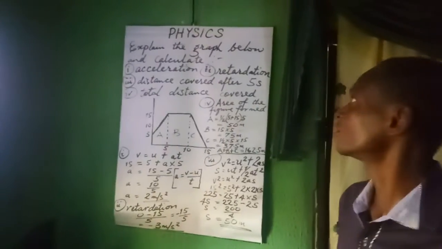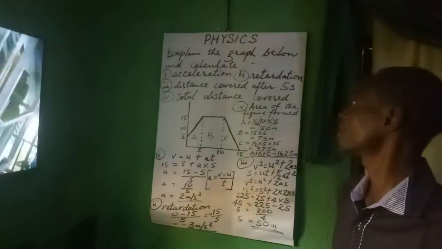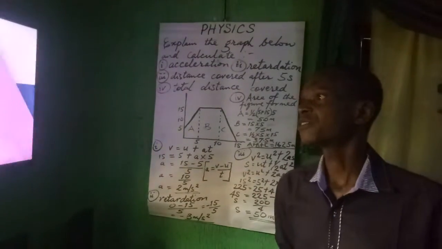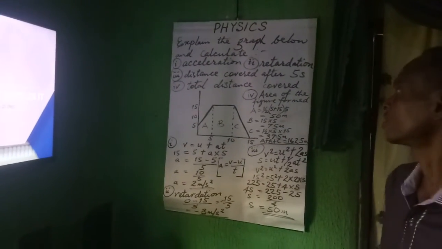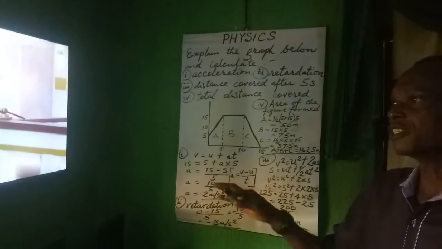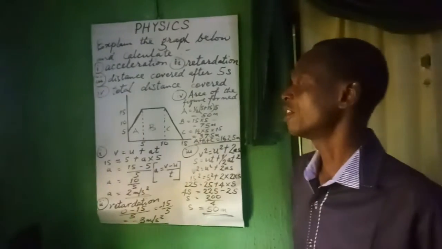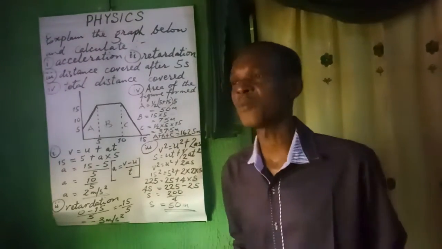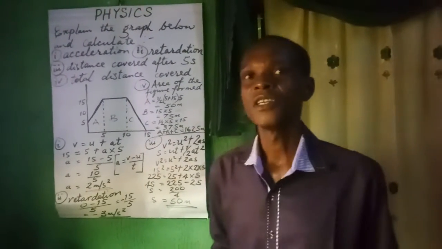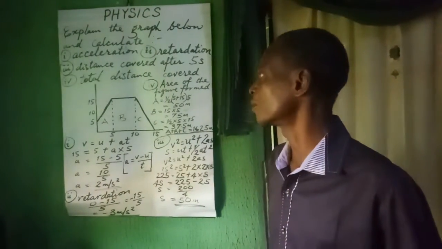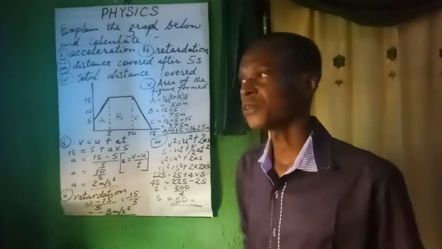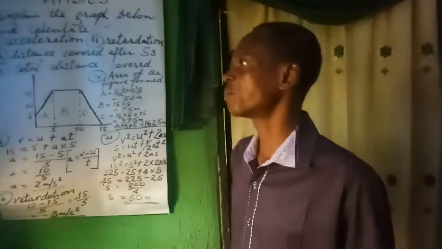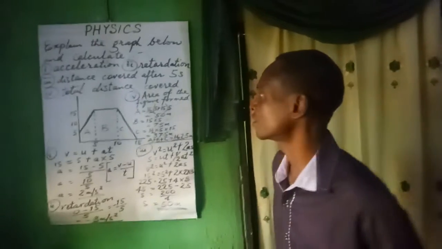It is important to note that in physics, we try to represent motion in a field, and when we do this, we end up forming a plane figure. It could be a triangle, it could be a rectangle, it could be a trapezium, and so on and so forth.